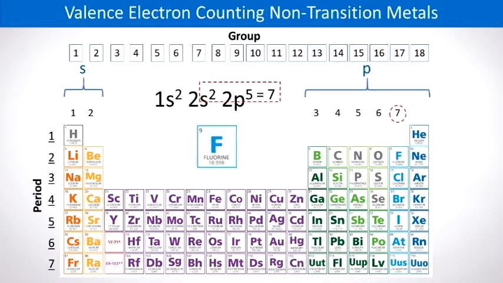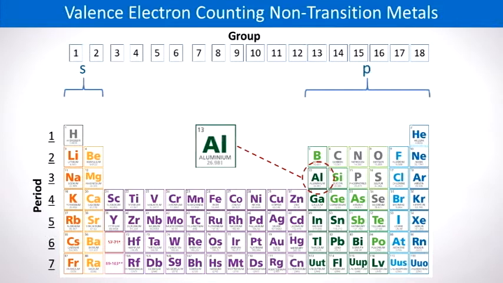Note that we would find the 7th electron in group 17, which is the group where we find fluorine. So, we can either use electronic configuration or we can use simple counting from left to right to obtain the number of valence electrons in fluorine.